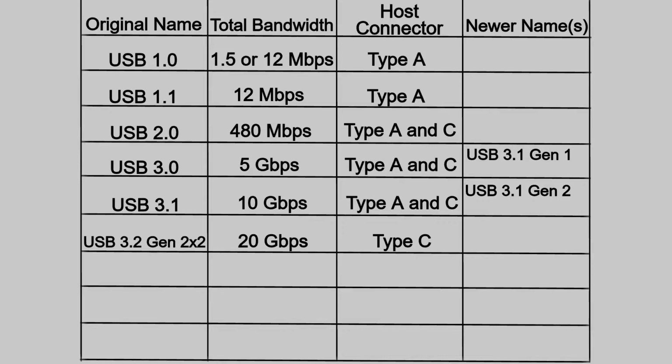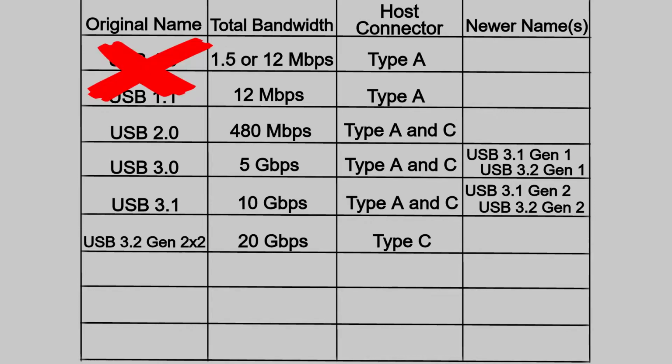Then, because of this new revision, they felt it was upon them to rename the original USB 3 to USB 3.2 Gen 1 and rename the 10 gigabit version of USB 3 to USB 3.2 Gen 2. But now's not the time to get mad at the forum, so let's review. USB 1.0 and 1.1 are obsolete, we don't need to talk about that.